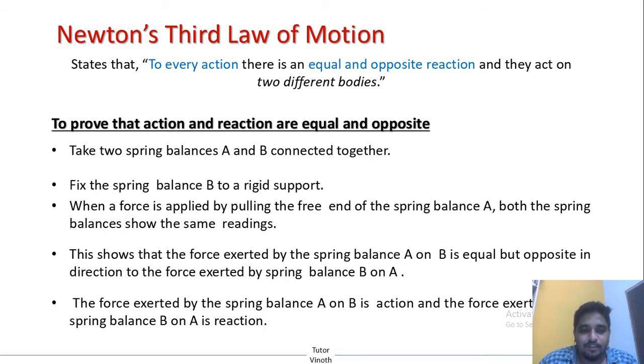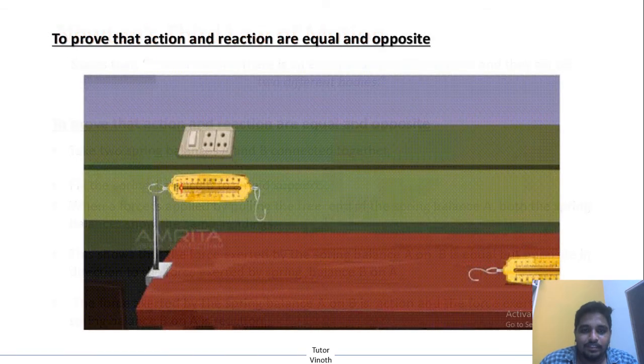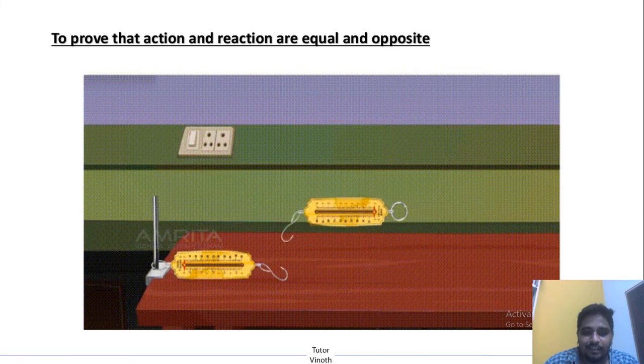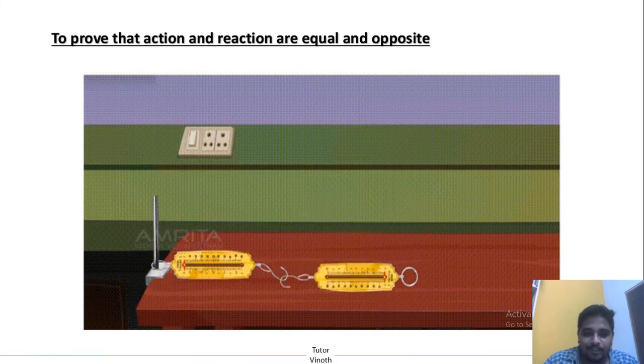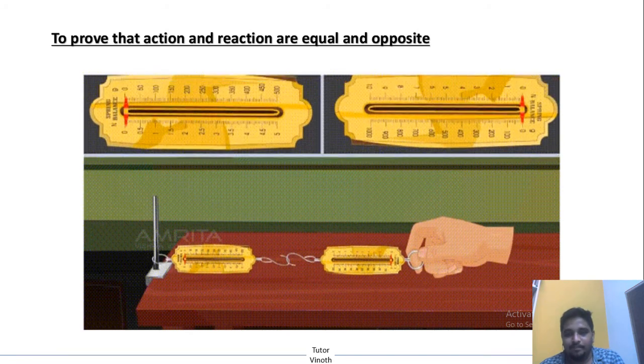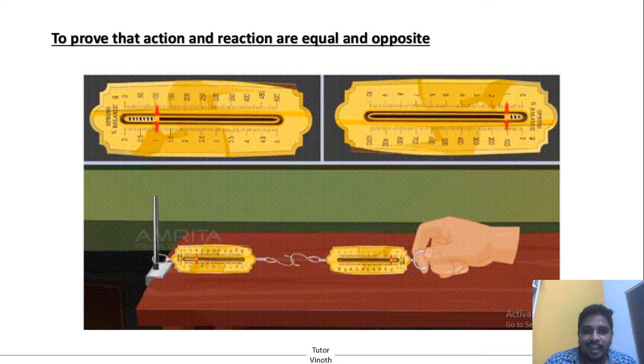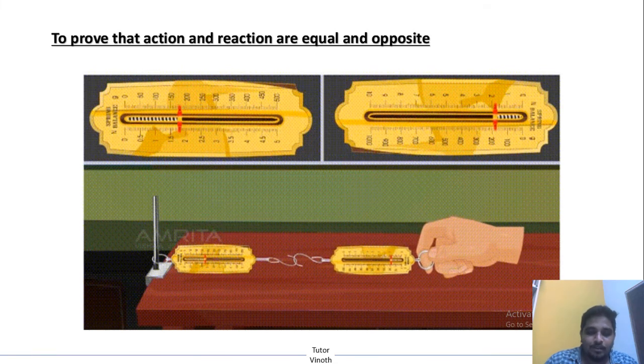I will show that video. See, take two springs. The left hand side is A, the right hand side is B. When the right hand side spring is pulled, the action happens on the right side, but the reaction happens on the left side.